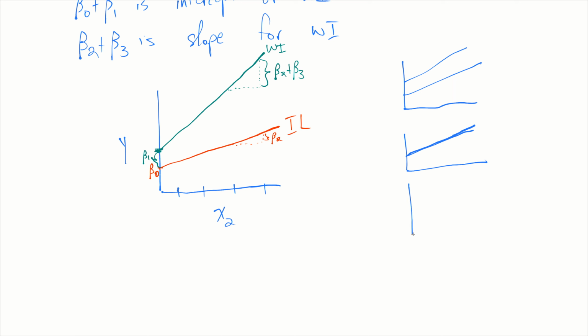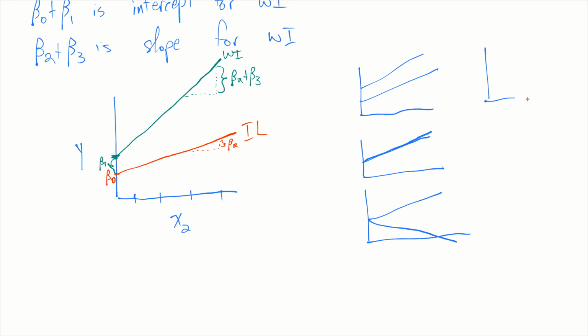You could fit a model where both lines have, let's say, the same intercept but different slopes. You could have a model where they have different intercepts and different slopes. All right, so that's the neat thing about this.